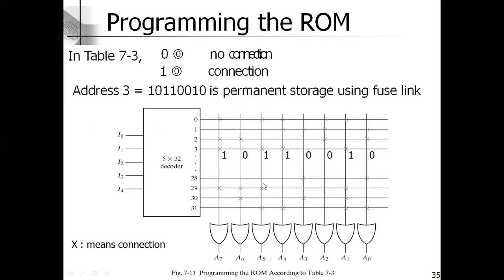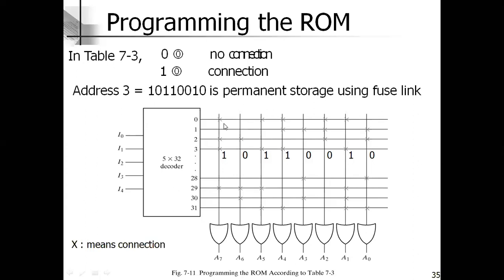So you only have to draw from this combinational circuit. See here, A7 is nothing but a sum of minterms. What is the connection of A7? See here, 0, 2, 3, 29. These are the values connected to output A7.